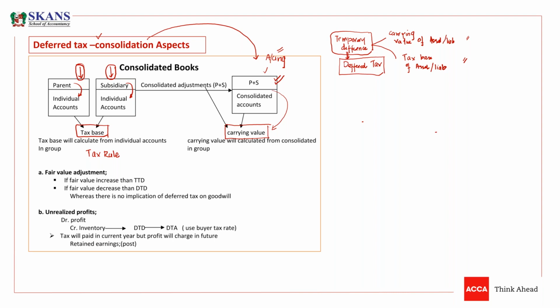So guys, tax base will be calculated from individual books, and carrying value will be calculated from consolidated books. This is something that is really important, and you need to understand this concept before going into further details.